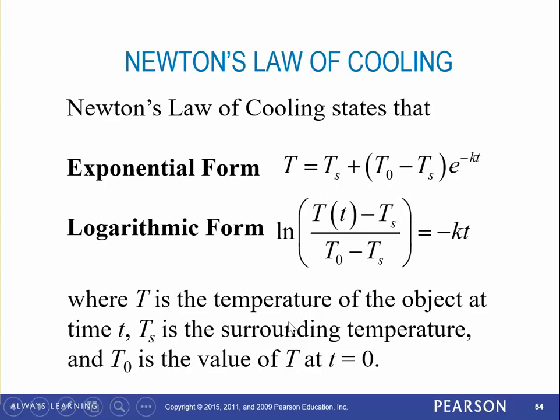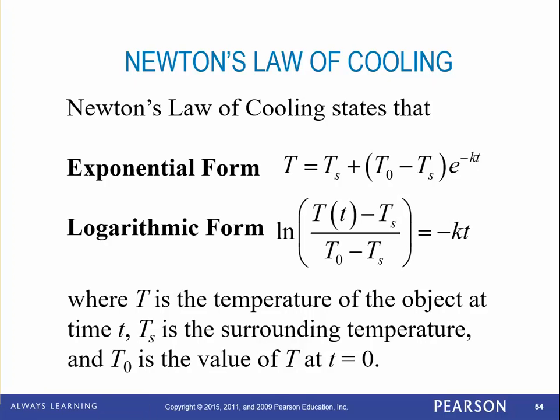So there are a few things here. T is the temperature of the object itself. T_s is the surrounding temperature, maybe room temperature or something else like that. T_0 is the temperature right when we start, and t is in terms of time. k is the exponential constant, and that's going to be different depending on what the object is.